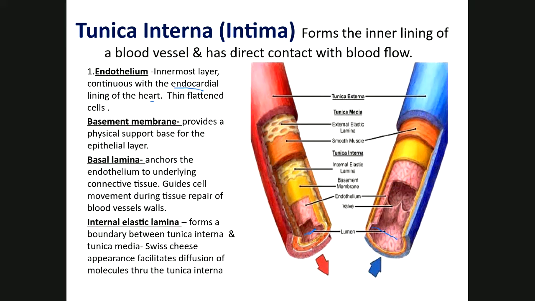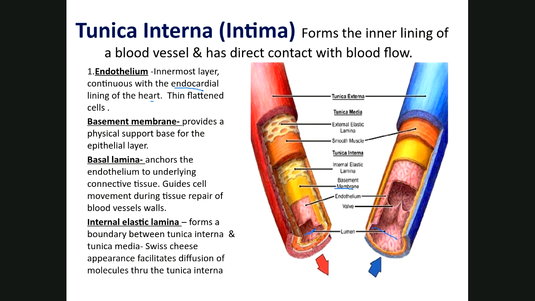Within the tunica intima, we can see the basement membrane, and the purpose of this is to provide physical support for that inner layer. In this layer, we also have a basal lamina, which anchors the endothelium to the underlying connective tissue. It also guides cell movement during tissue repair of the blood vessel walls.